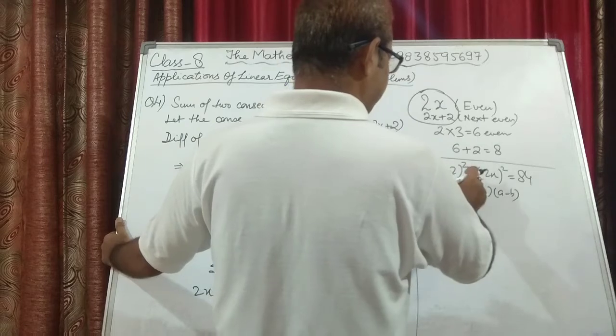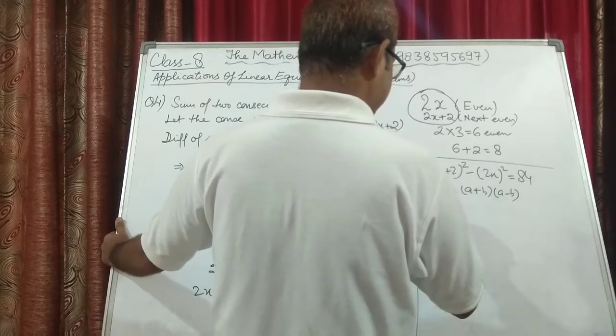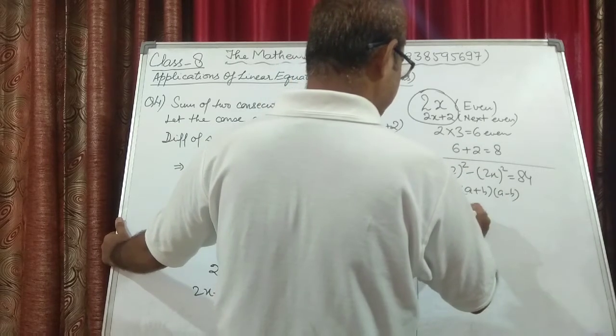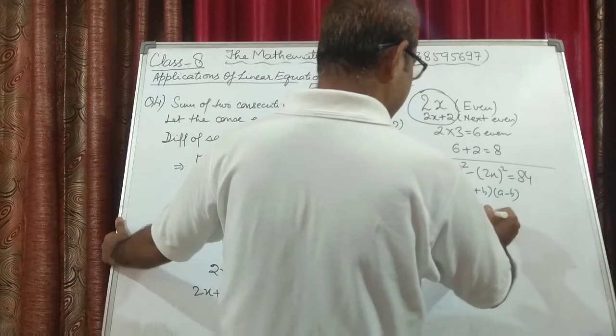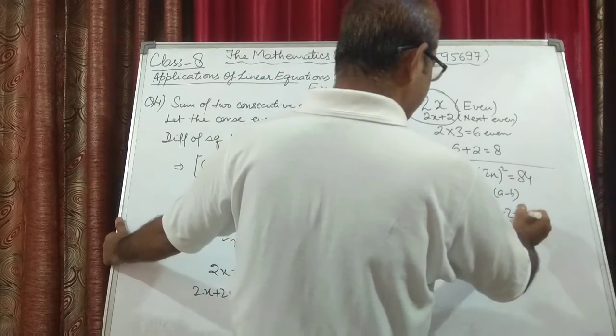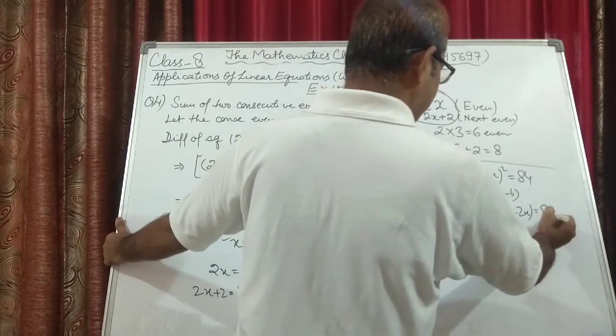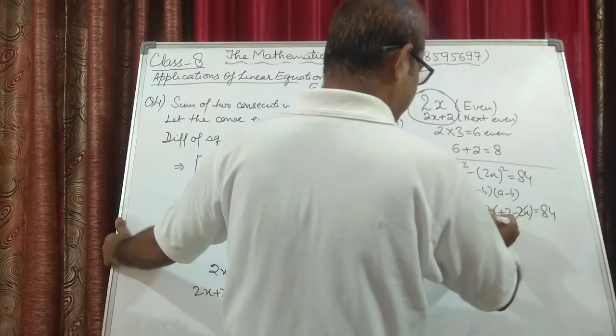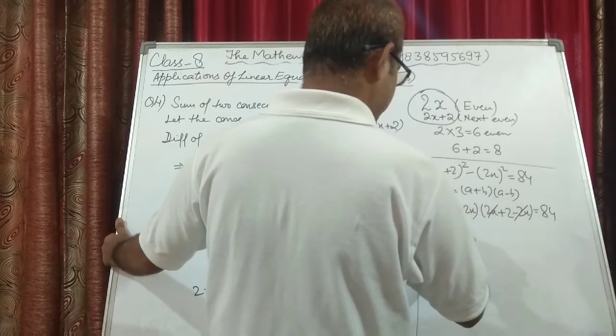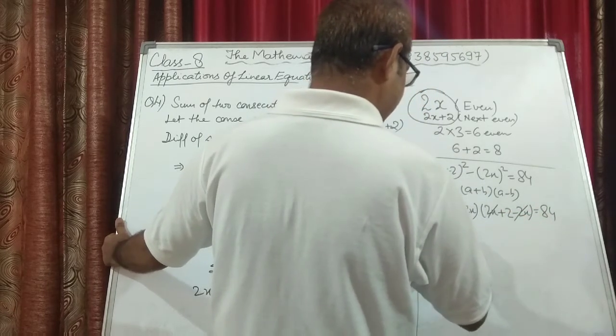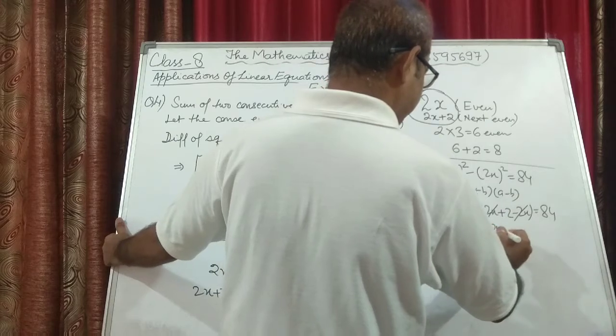So it becomes (2x plus 2 plus 2x) into (2x plus 2 minus 2x) is equal to 84. Negative and positive cancel, so we get (4x plus 2) into 2 is equal to 84.